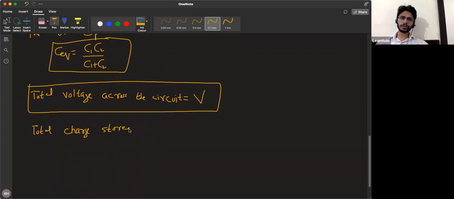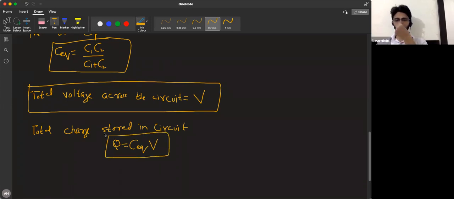You can represent it by Q. Total charge is total capacitance into total voltage. Total capacitance is C equivalent, total voltage is V. So Q is equal to C equivalent into V. This is the total charge.